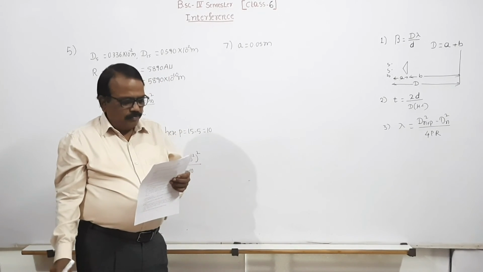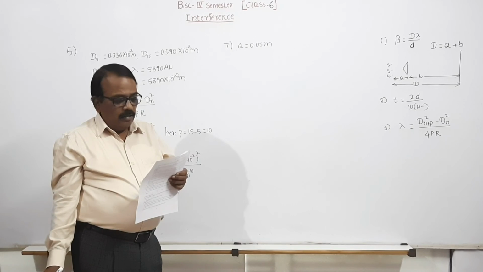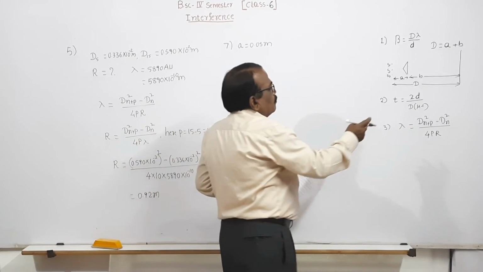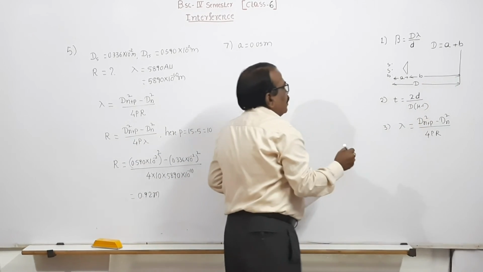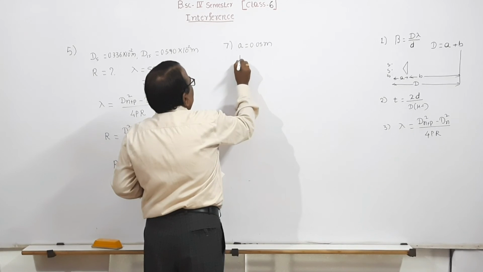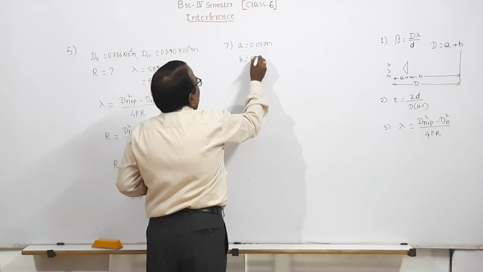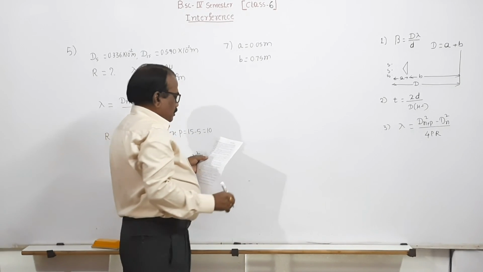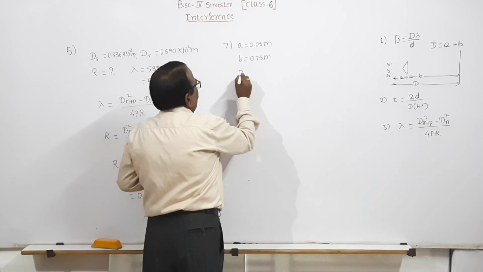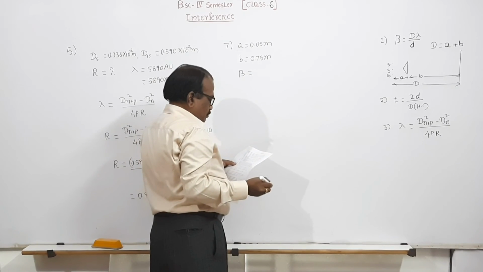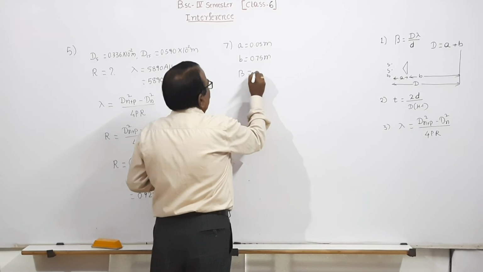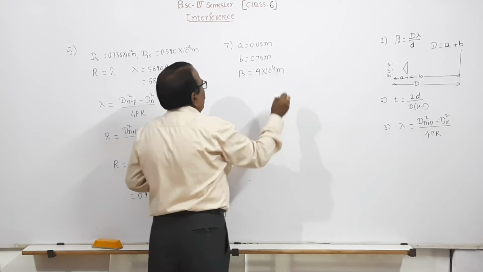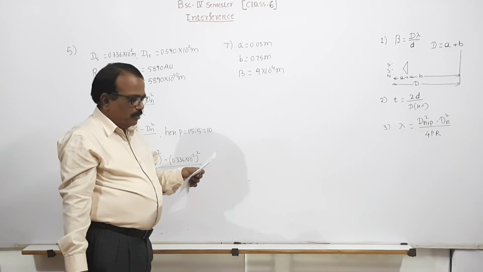The width of the fringes obtained on the screen 0.75 meter from the biprism, 0.75 meter from the biprism means it is B. Beta is how much? 9 into 10 raised to minus 4 meter.